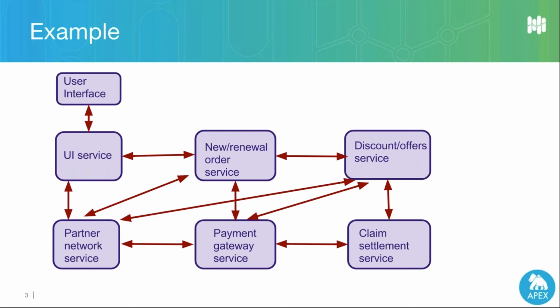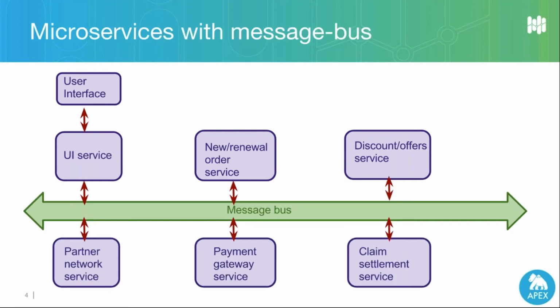If we look at this system as a set of components, we can see that many of the components are interdependent, right? And if we want to establish a communication channel between these individual components, there are too many arrows or dependencies going around, and it becomes hard to manage.